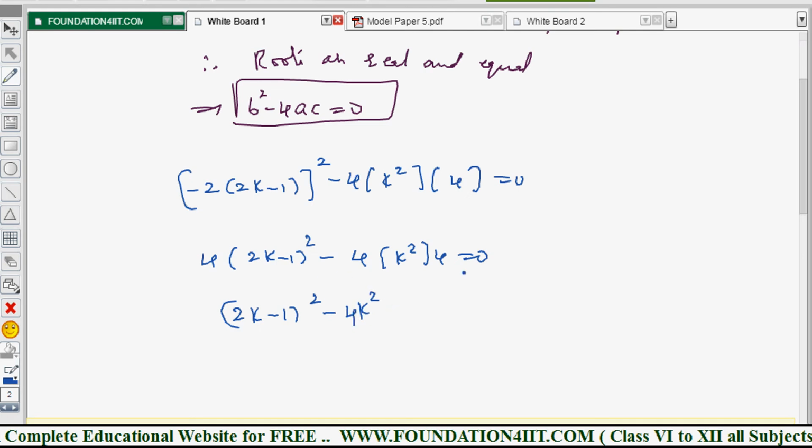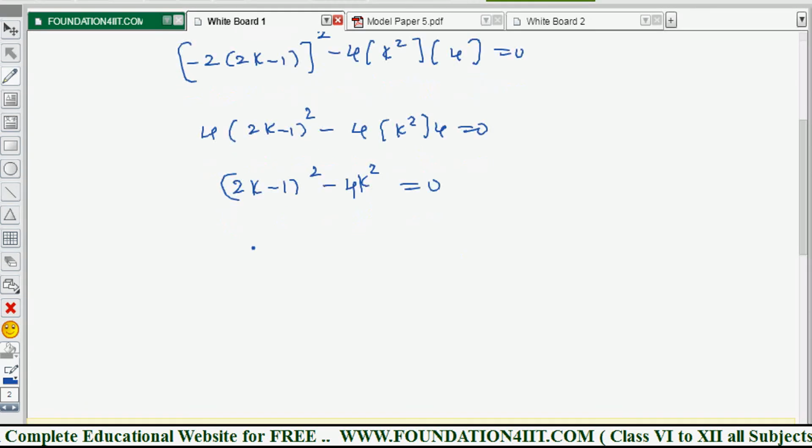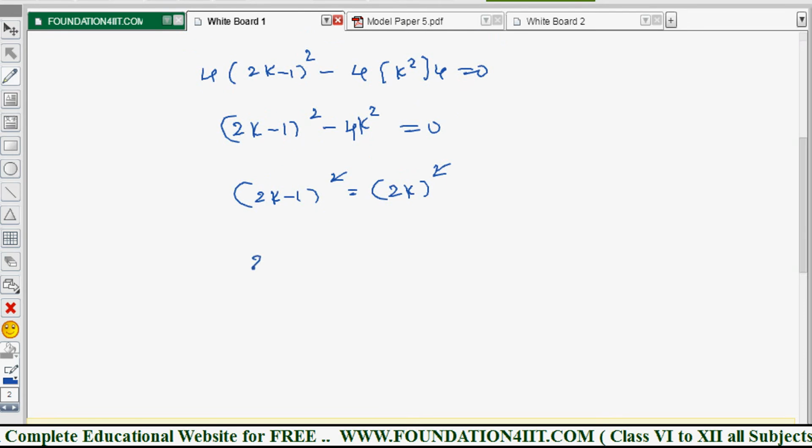Again we will simplify. So 2k minus 1 whole square is equal to minus 4k square, take this to this side, plus 4k square, we can write 2k whole square. Okay, and we can cancel the square and square on both sides. Then 2k minus 1 is equal to 2k.